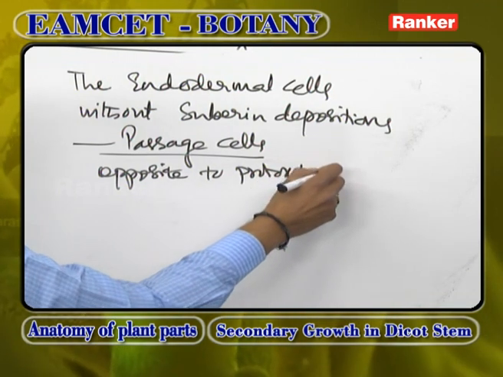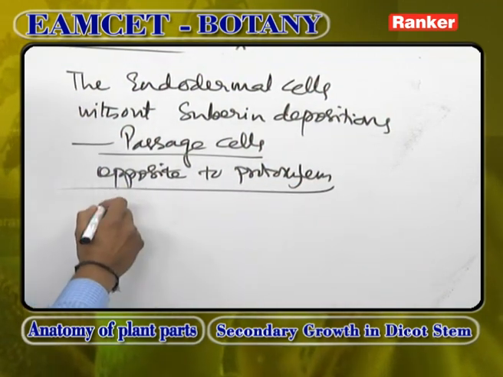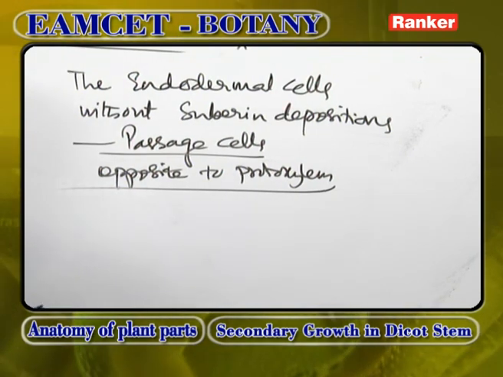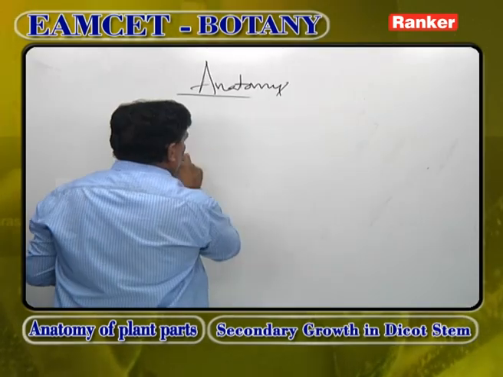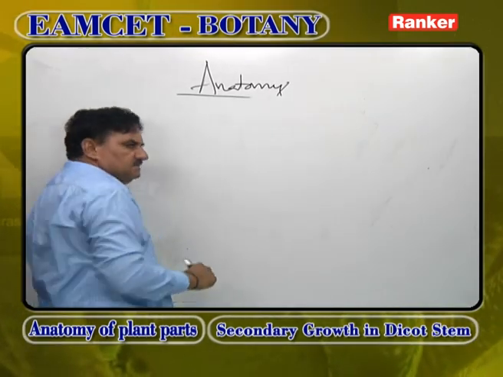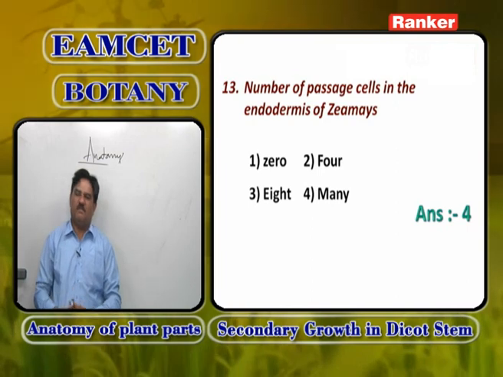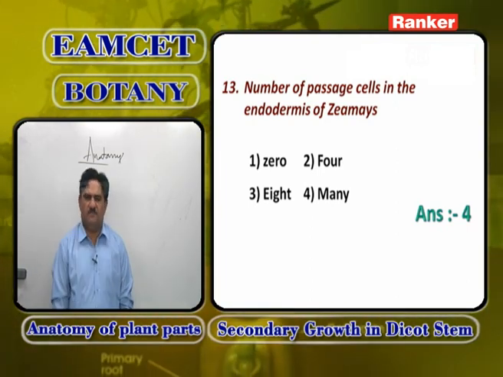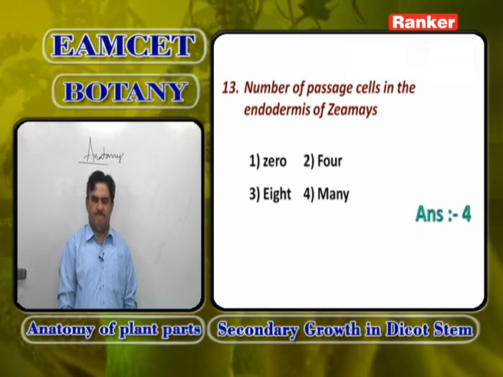So, one passage cell is present in Trapa, 2 in Nicotiana, 3 in Pisum, 4 in Gossypium, 5 in Ricinus, 8 in Castanea.